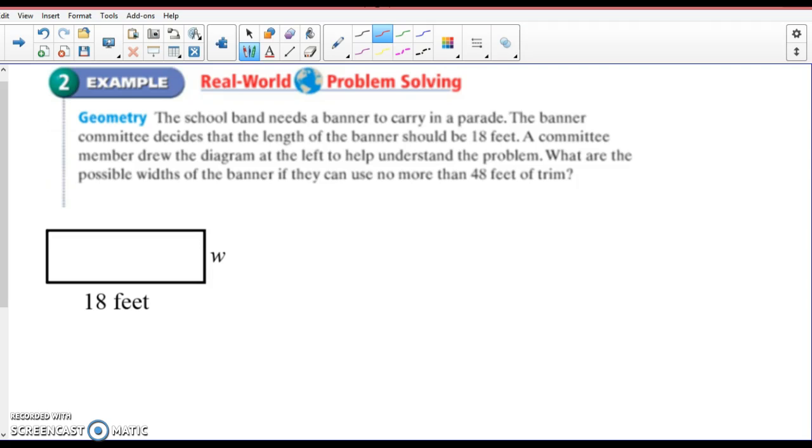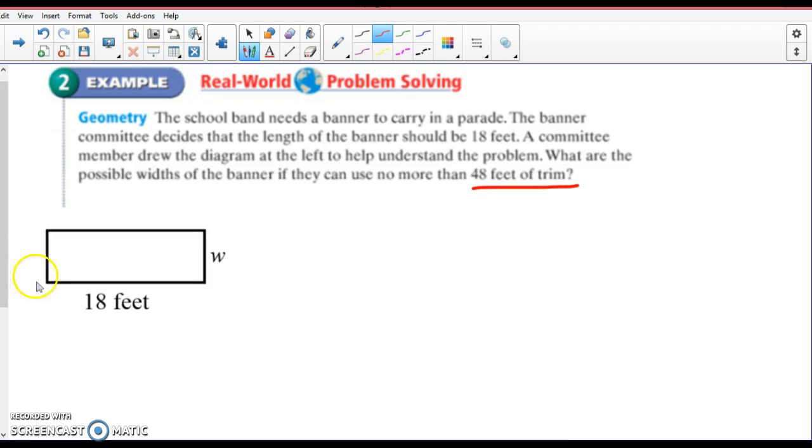What are the possible widths of the banner if they can use no more than 48 feet of trim? So pretend that they've got some kind of special trim and they only have 48 feet of it. And for whatever reason, they've decided that it has to be 18 feet wide because it's band regulations.